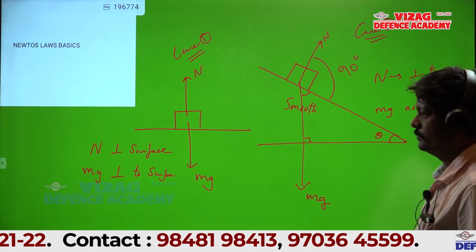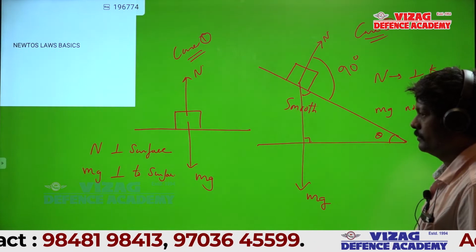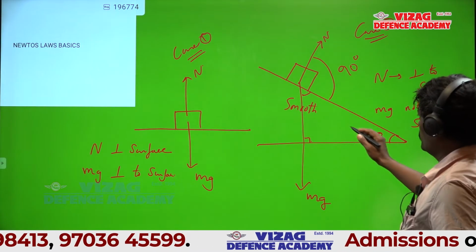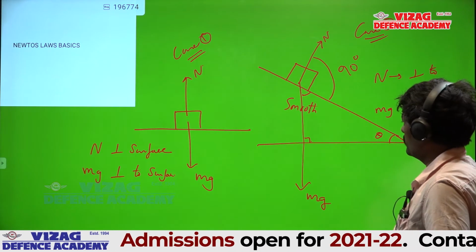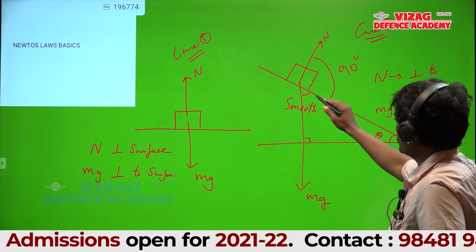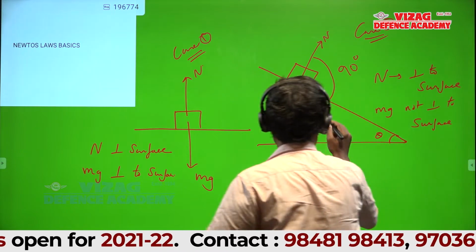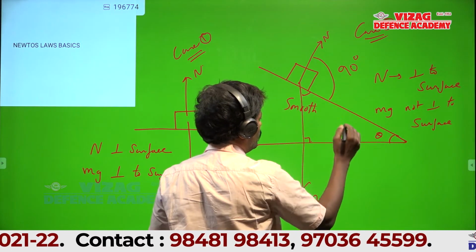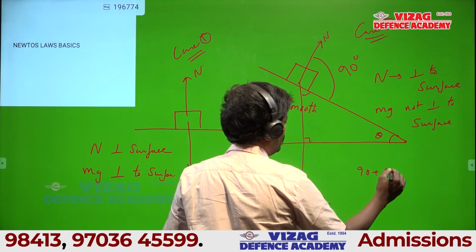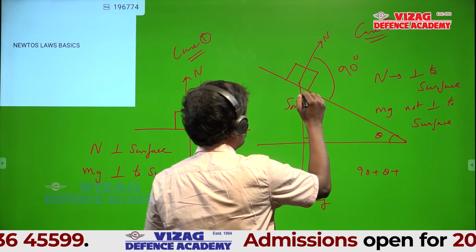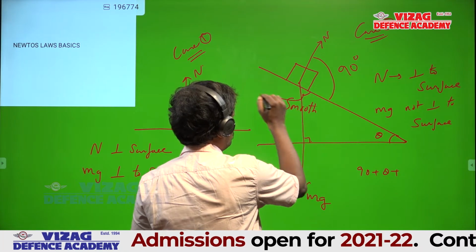No, case 2 is 90 minus theta. Yes ma, 90 minus theta, how do you get? Sum of the angles should be 180. 90 plus theta plus this angle, which I will take as alpha, equals 180. Because you are asking, I am marking it here.